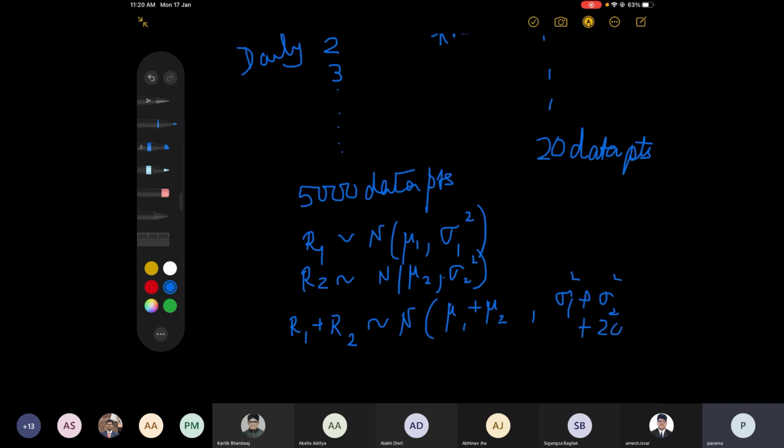Even if they are correlated, it will include the covariance of R1 and R2.